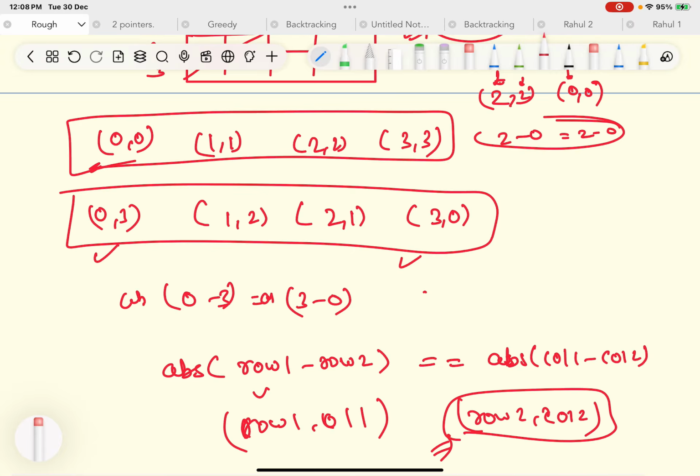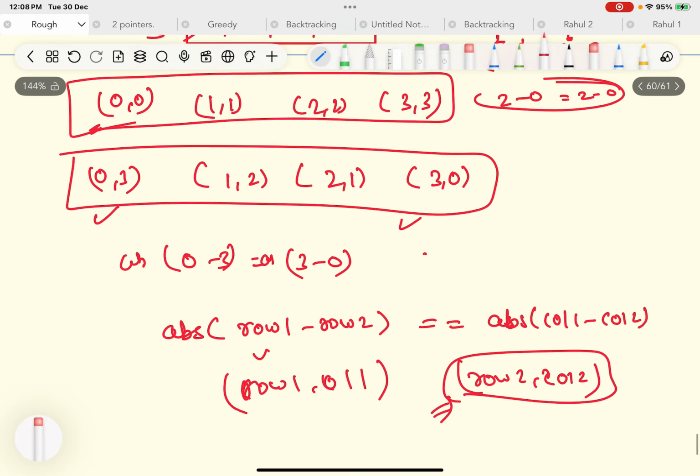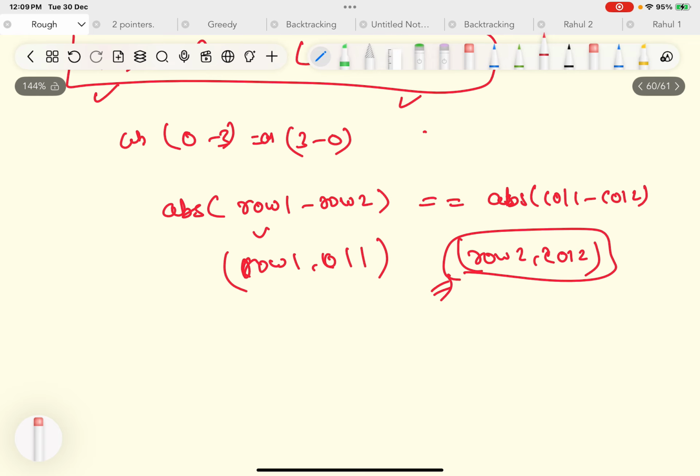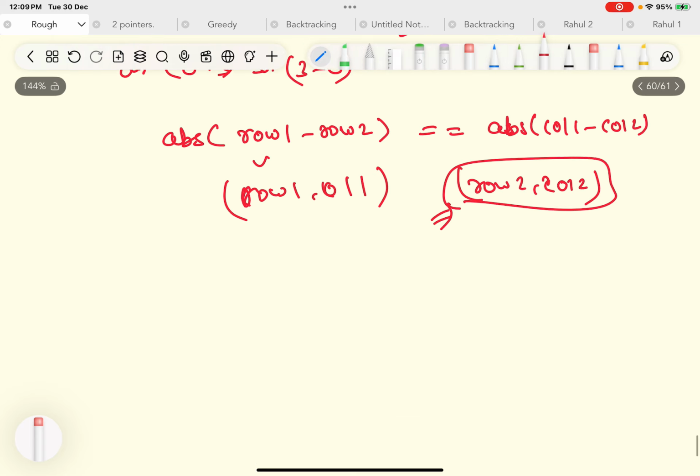So row 2, column 2 is not feasible. I guess you got the idea. So let's check what the pseudocode will look like.